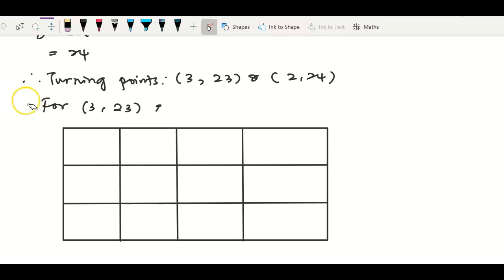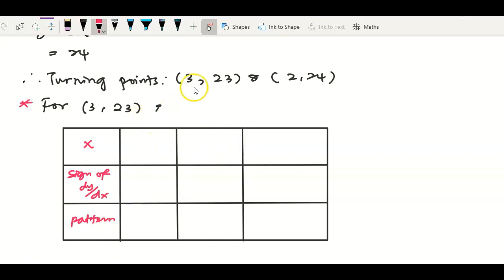For the first point, I check x equals 3, y equals 23. The first row is for the x values, the second row is for the sign of dy/dx, and the third row will be the pattern of y.